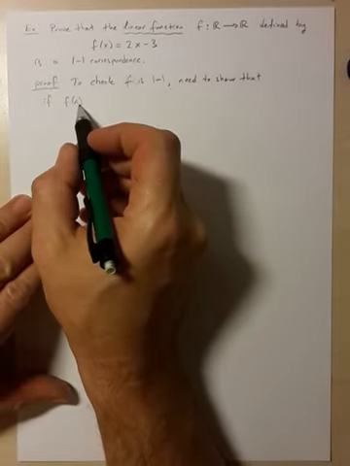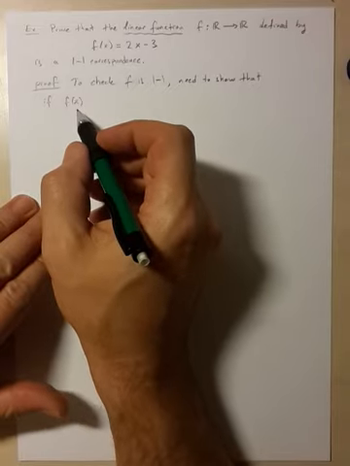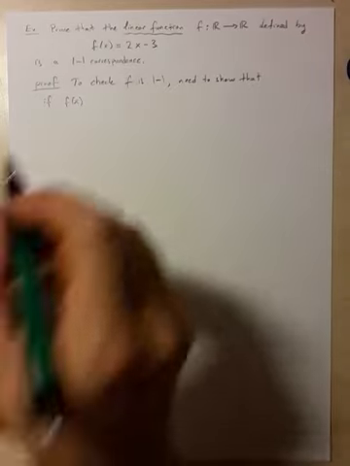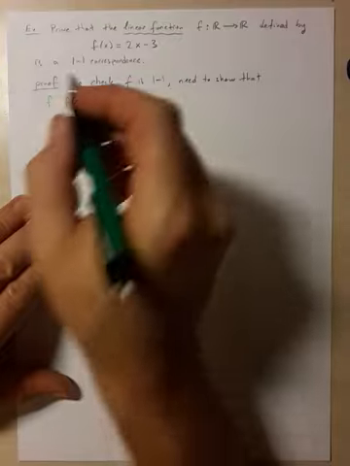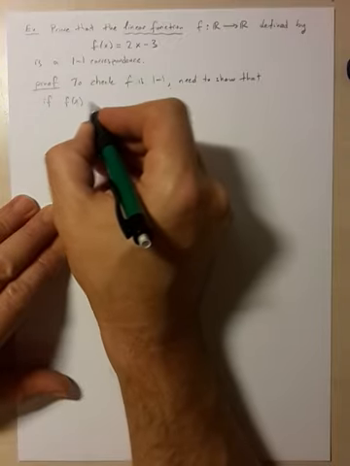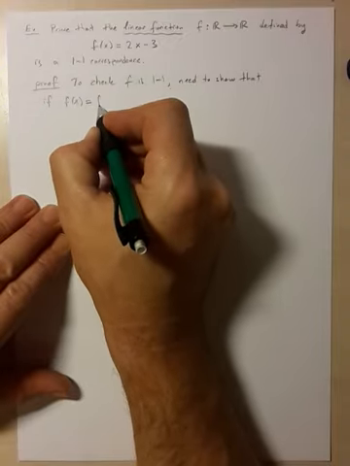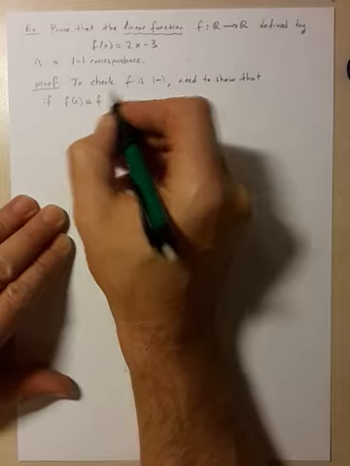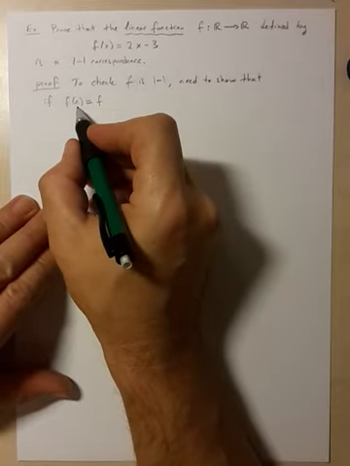The equivalent condition, which is the contrapositive of the condition appearing in the very first definition of a one-to-one function. What was it? You can say x1, x2.